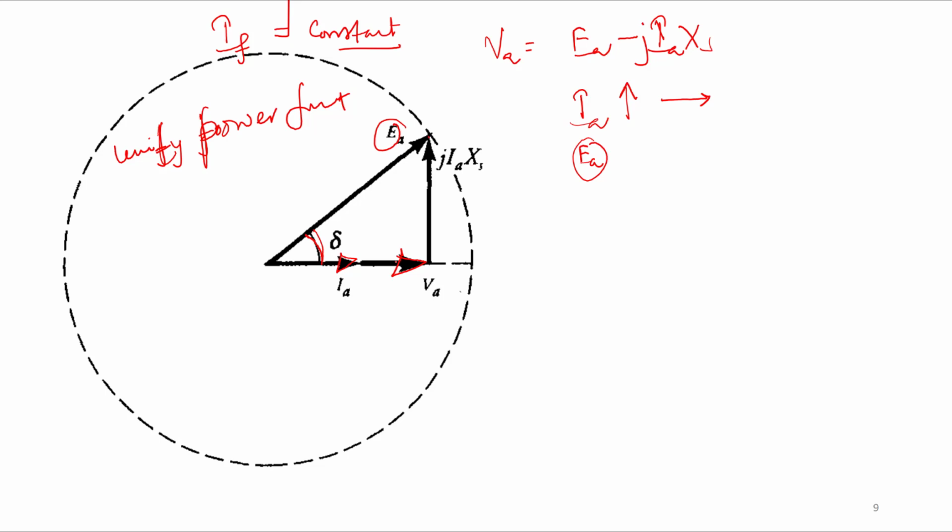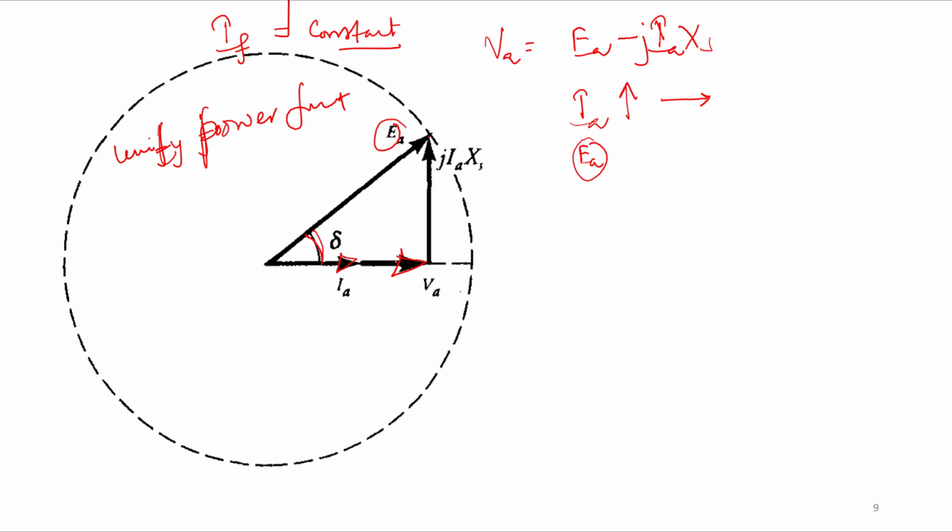Therefore, this delta is sometimes known as the power angle or torque angle, or sometimes the rotor angle also. Why is it known as the rotor angle? Because as you increase the load on the generator, the speed of the rotor of the generator will gradually decrease, and this angle will increase more and more.